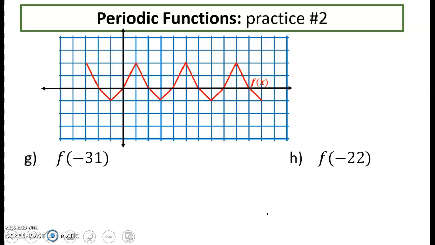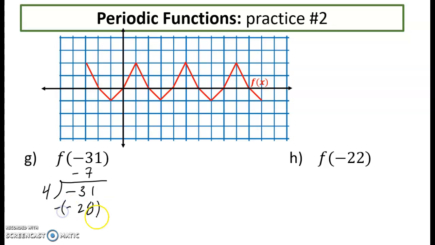Okay, now -31. So let's do this by hand. Oops. Let me remind you, when you are dividing integers, your remainder has to be positive. So if you were to think that this goes in -7 times, -7 times 4 is -28. Divide, multiply, and on my subtract step, this gives me a remainder of -3.